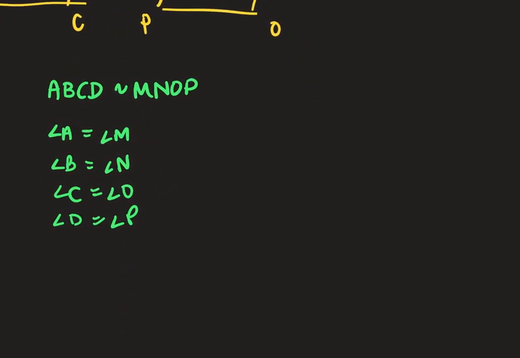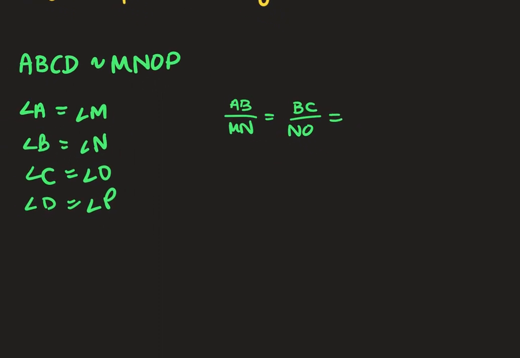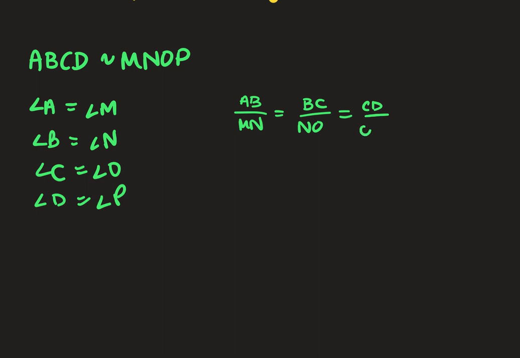That would be obviously the matching angles or congruent angles. And then if it wanted sides, you would say AB over MN would equal BC over NO would equal CD over OP would equal AD over MP.